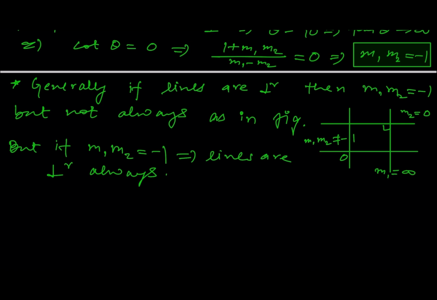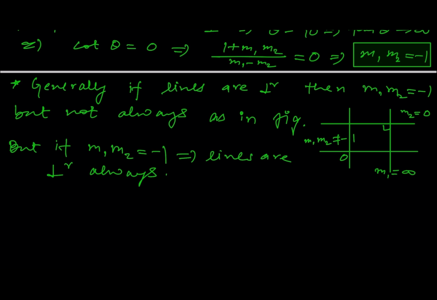But if lines are perpendicular, then m1 m2 is equal to -1 is not always true. Okay, but in general we take, if lines are perpendicular, then m1 m2 is equal to -1.